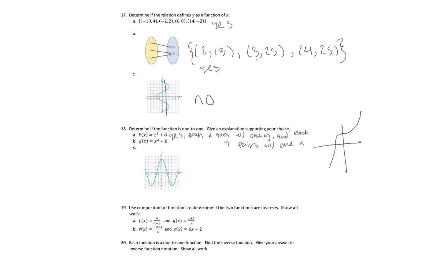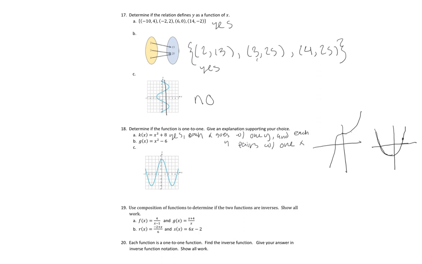Now, if we go to part B and try to draw that out, I'm going to do it on the same thing over here. We have x squared minus 6, so that's going to look like this, right? And if we see here, the y value repeats.